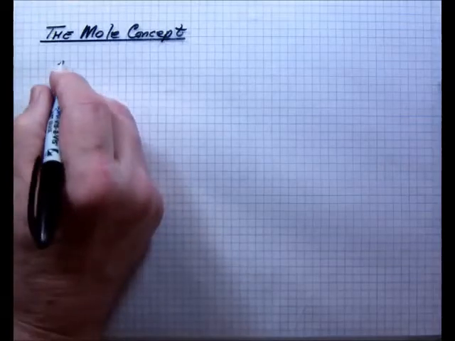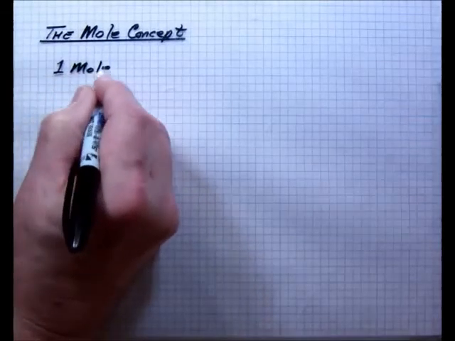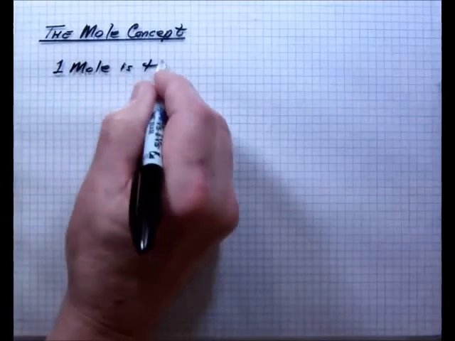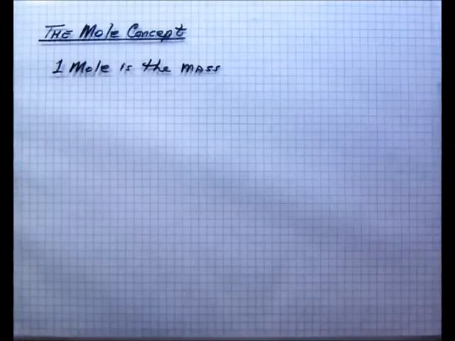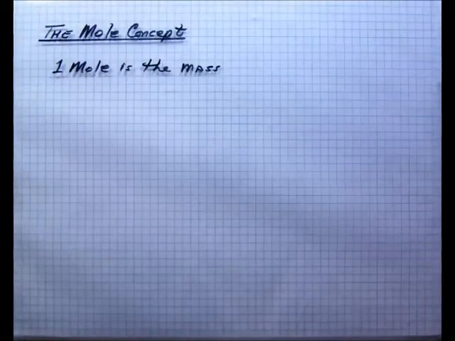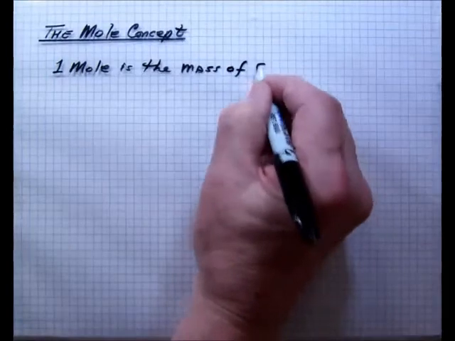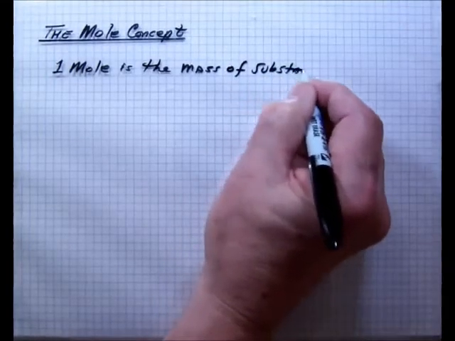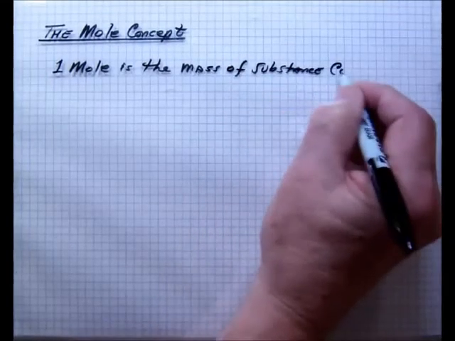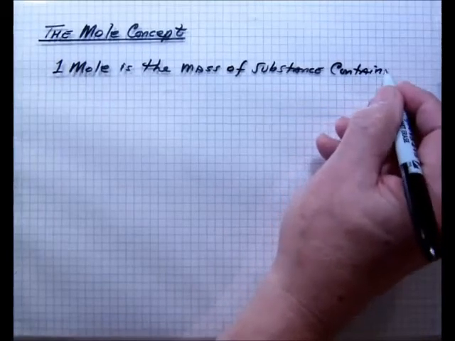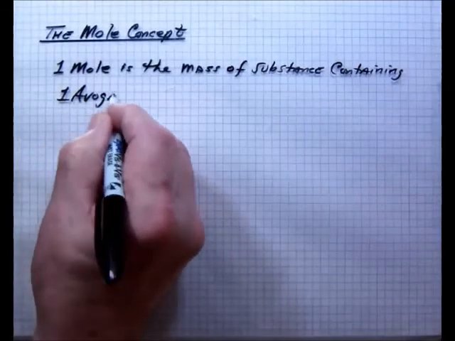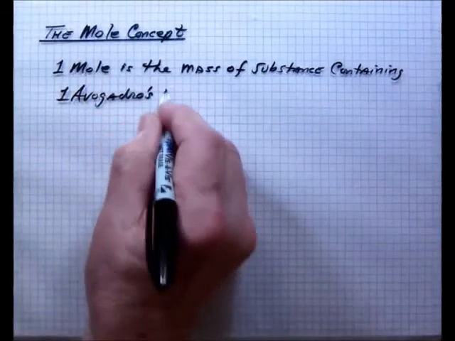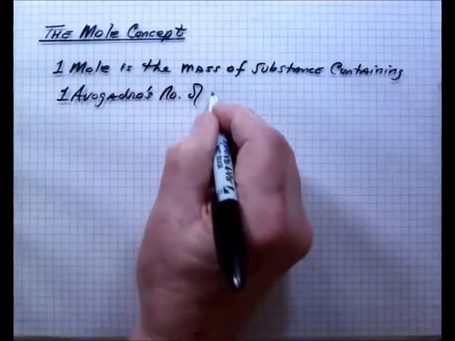I'm going to tell you what it is, and we're going to use it. A mole in chemistry: 1 mole is the mass, formula weight, of a substance containing 1 Avogadro's number of particles.